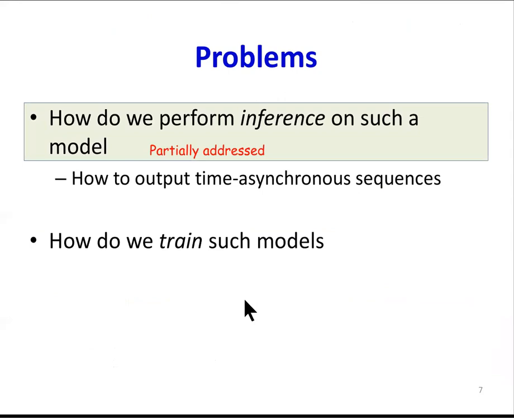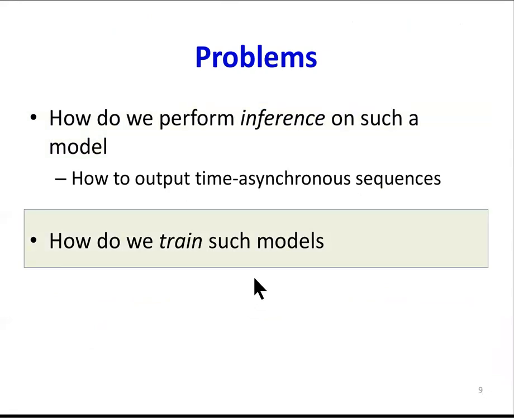We sort of partially addressed how to perform inference on such models. We did that using a greedy decode. So we'll look at how to train such models.